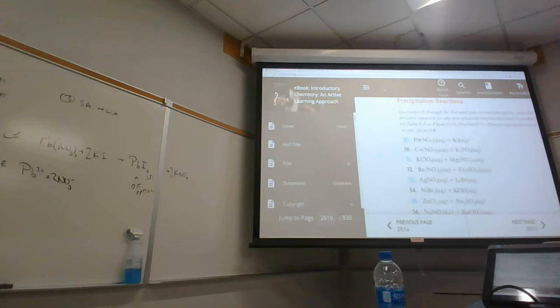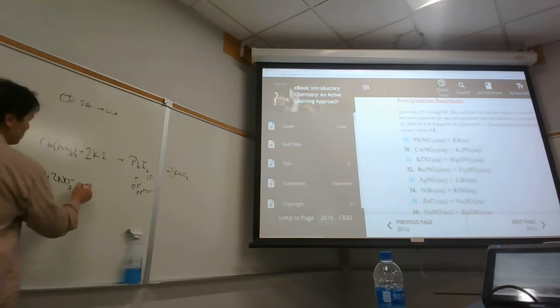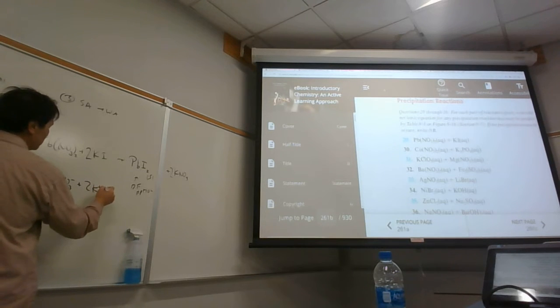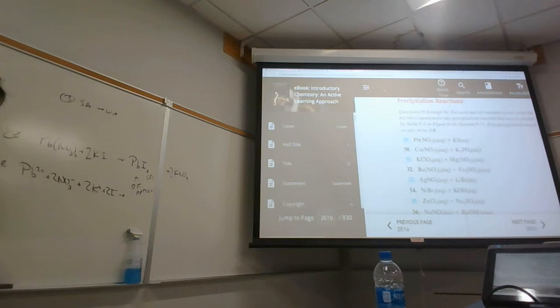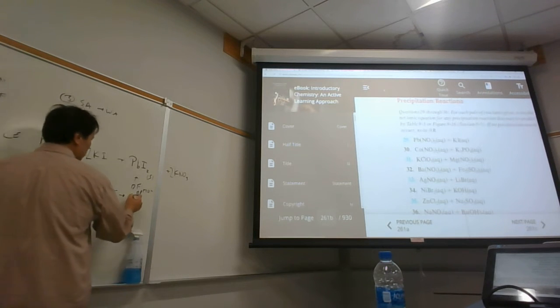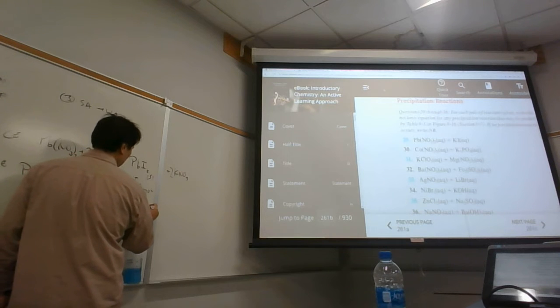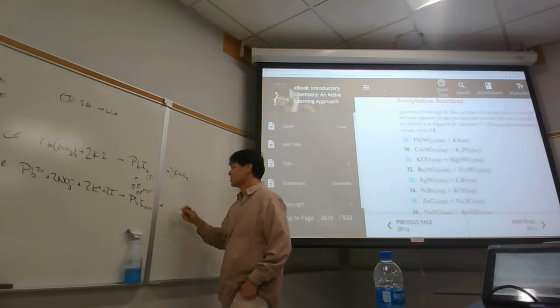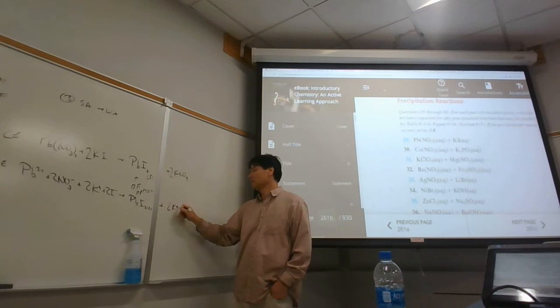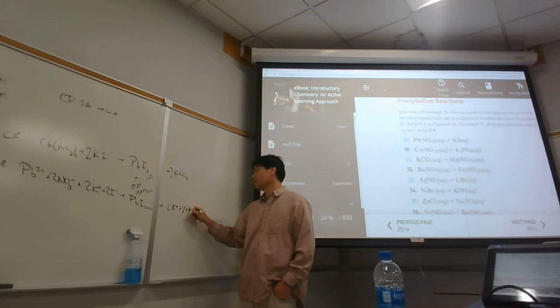All potassium salts are soluble. And so this is going to form 2 potassium ions and 2 iodide ions. PbI2 is insoluble, so we just leave that alone. But potassium nitrate is a soluble salt, so that's going to leave 2 potassium ions and 2 nitrate ions.